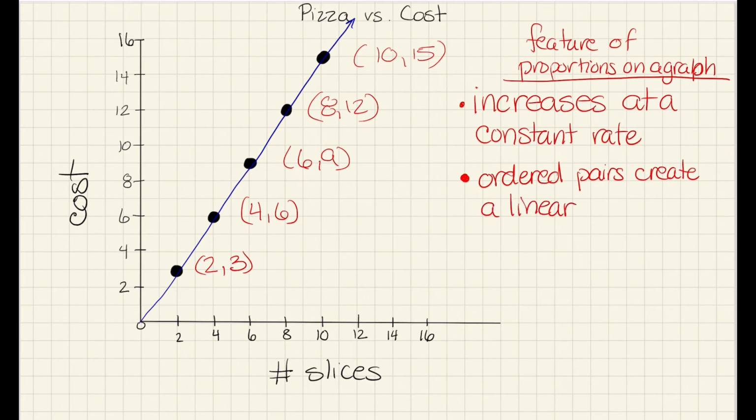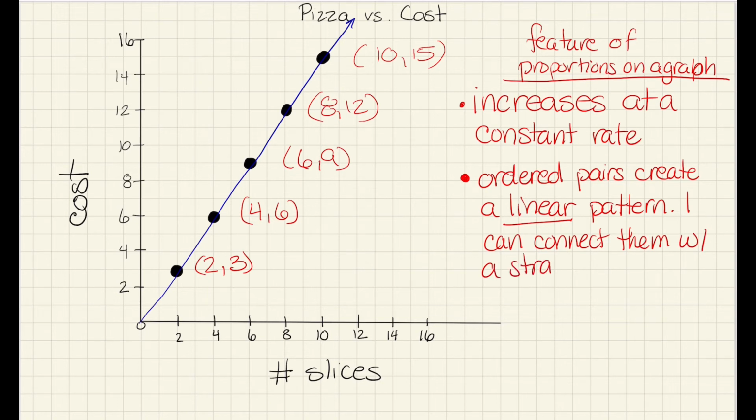You can hear the word line in there, linear. So I can connect them with a straight line. That's something else that happens, and it happens because there is a constant rate. It keeps going up by the same amount.